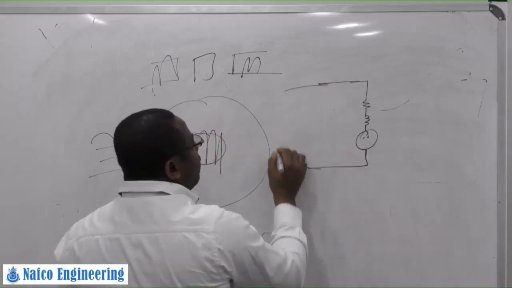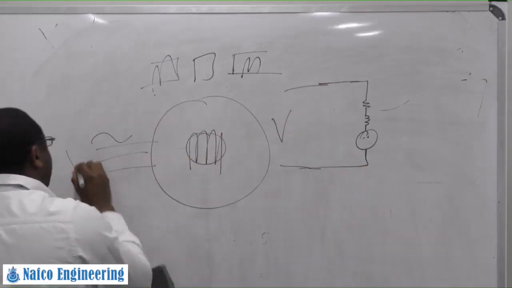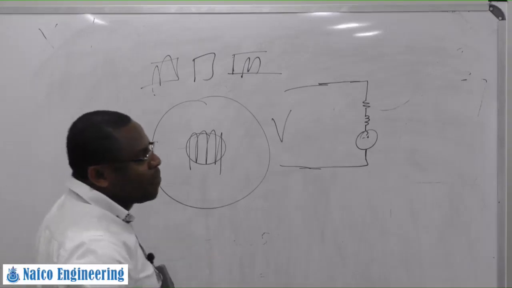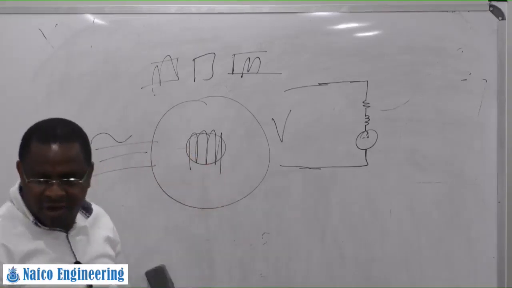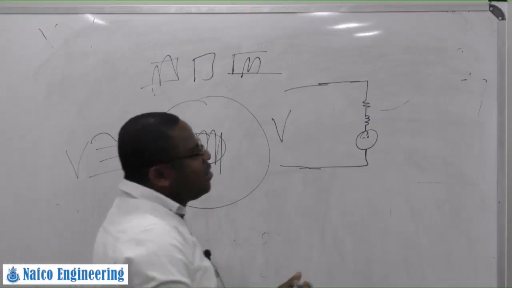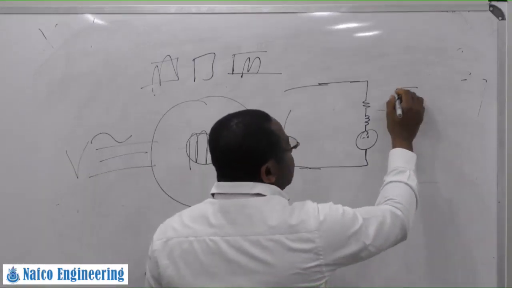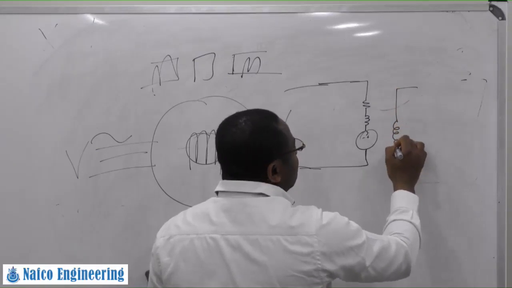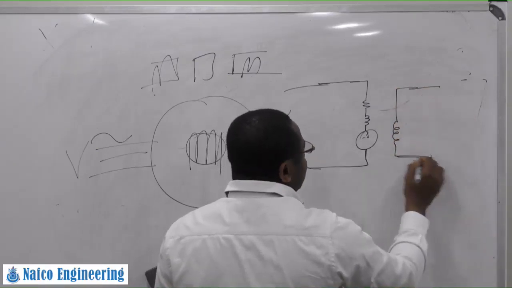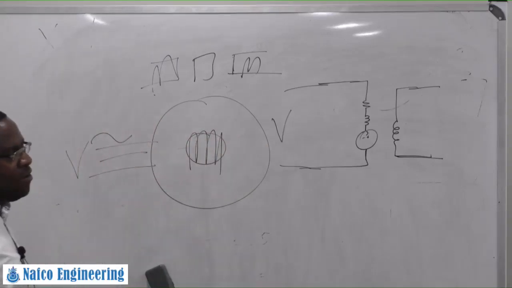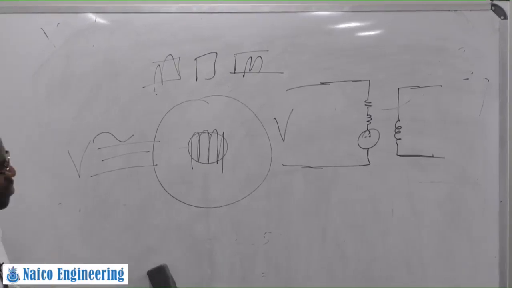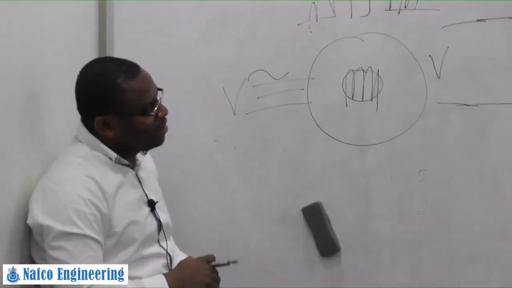So you're going to have your V, the voltage input. Now on the rotor side here, there's also a supply, right? Which we say you are going to excite the machine. This is just to represent it, to make it look simpler.